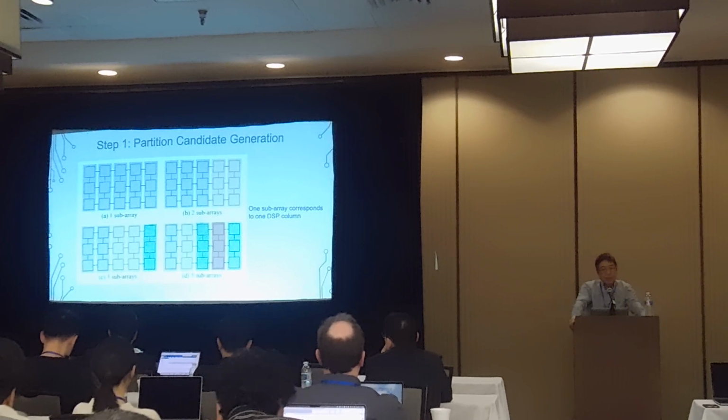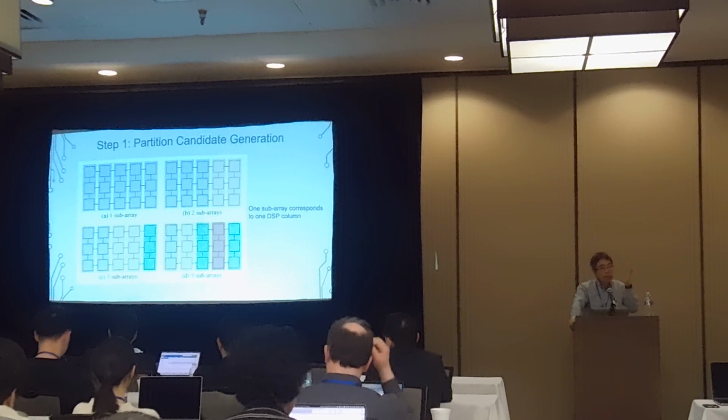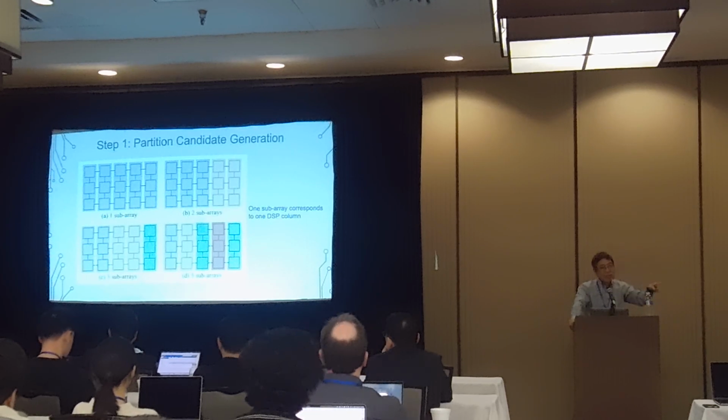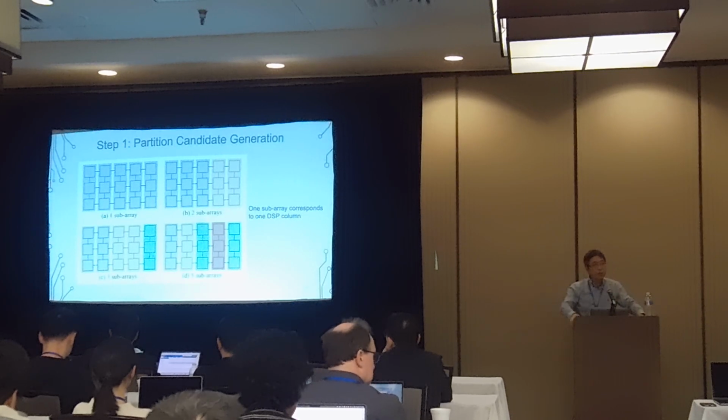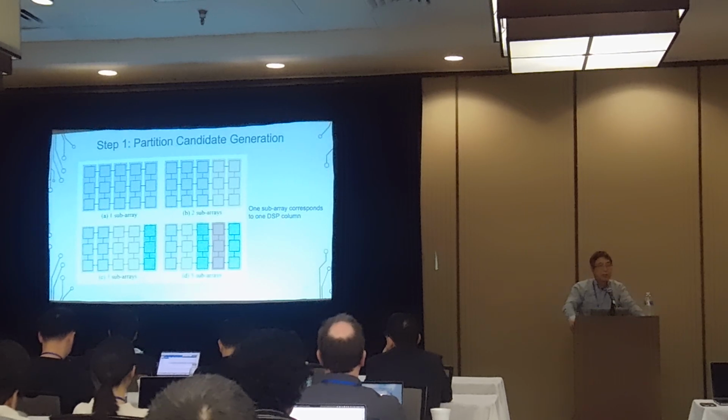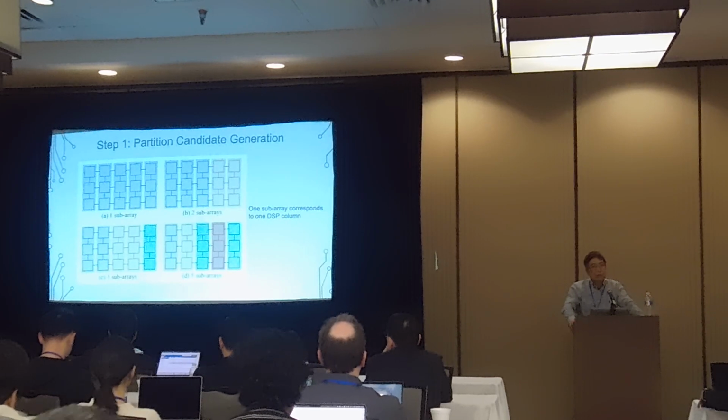The first one, pretty much we say, hey, we pack all the columns into one DSP column. The second one, say we partition it into 2 DSP columns, and the last one we partition into 5 DSP columns. And you may ask, hey, there are so many partitioning options. What do we do? Okay. So the first step is we enumerate all the options. Okay.